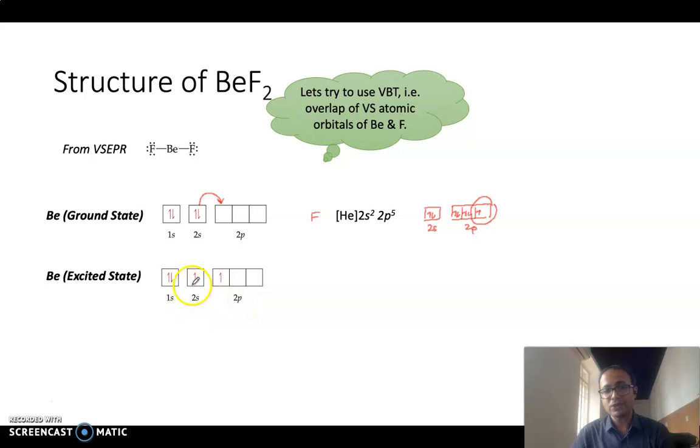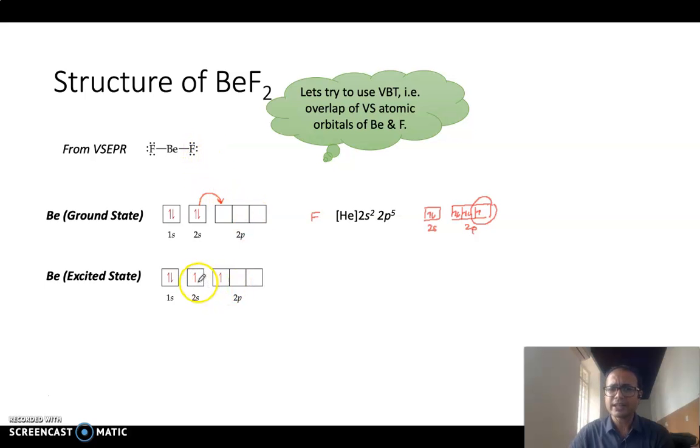Now if you look at the orbitals that are actually overlapping in the case of the central atom, one overlap is happening between the 2s orbital of beryllium and the 2p orbital of one of the fluorine atoms, and the other overlap is happening between the 2p orbital of the beryllium and the 2p orbital of the other fluorine atom.